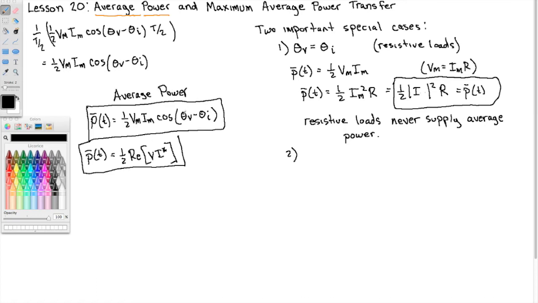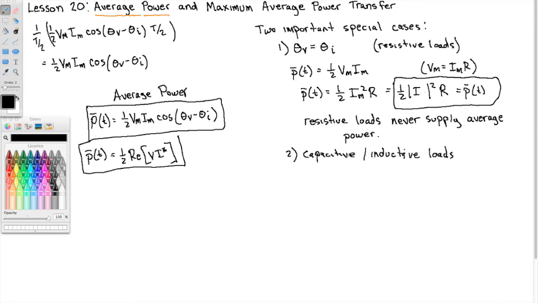The cosine of the difference will be the same. So when does the voltage lead the current by 90 degrees, and when does it lag by 90 degrees? Well, that's the capacitive and inductive loads.